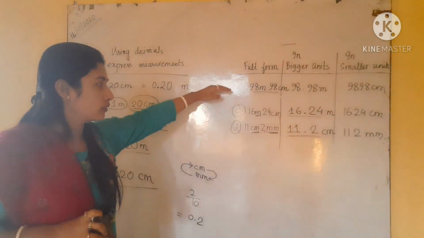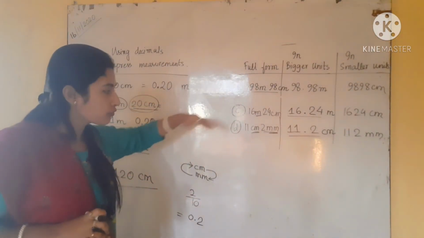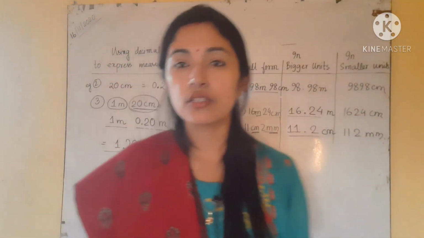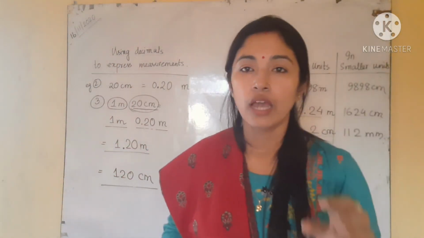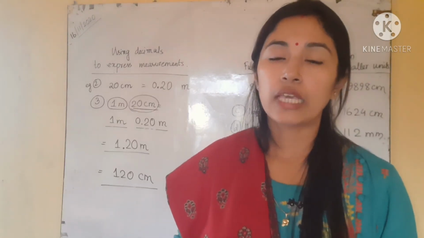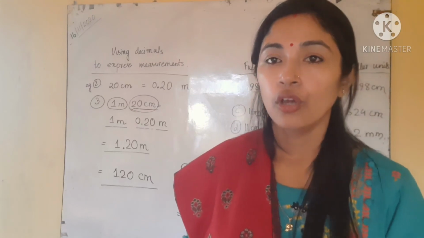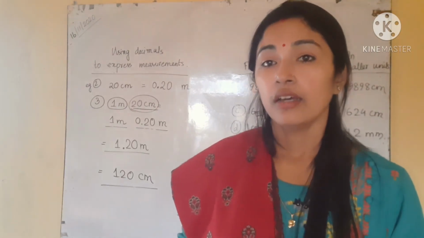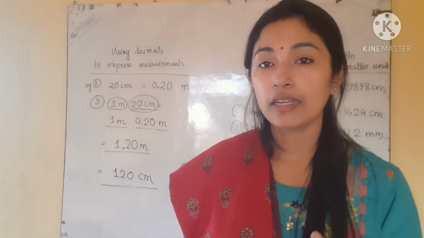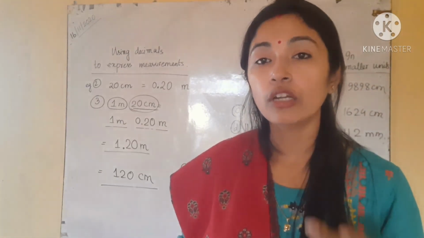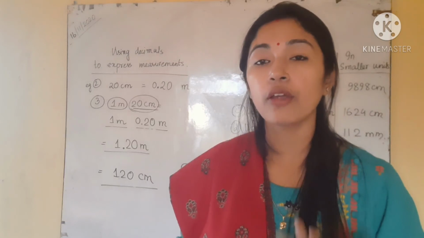Okay, students, so this is the table. I have done 3 questions for you, and I have discussed some examples. Students, patiently see the video and practice more and more. There are ways of remembering this, but I want you to go through the basic part, that is, whenever we are converting a smaller to a bigger unit, what we have to multiply or divide.